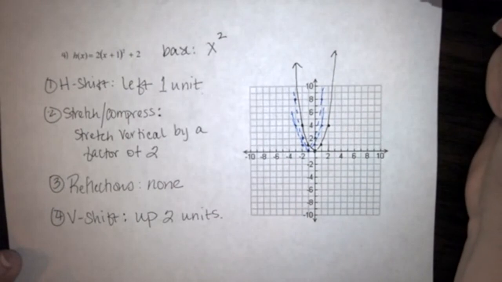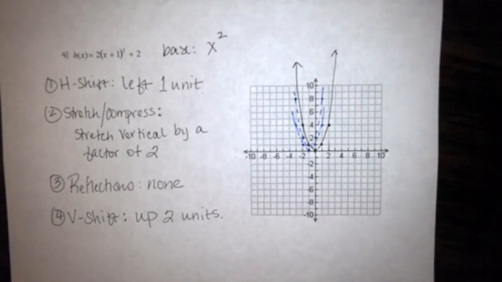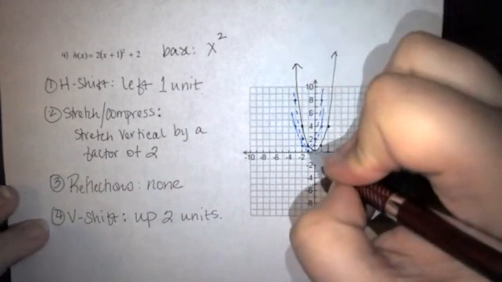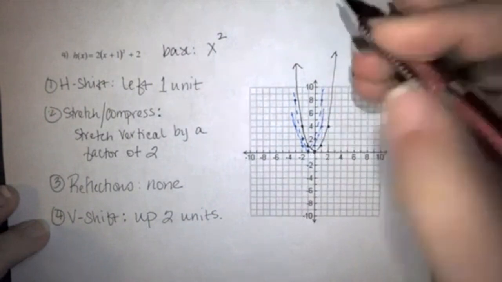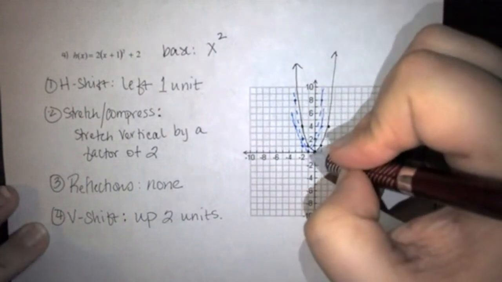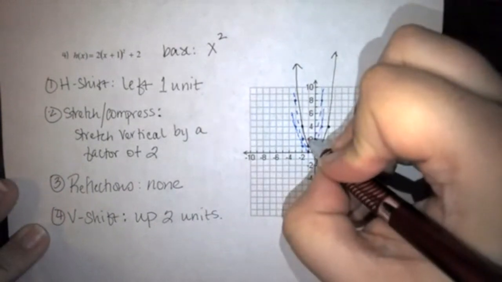And then the last thing that we have to do is shift this up by 2 units. So we're right here. In order to shift it up by 2 units, we're going to go 1, 2, so we're going to start here.